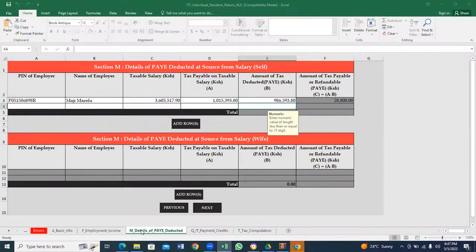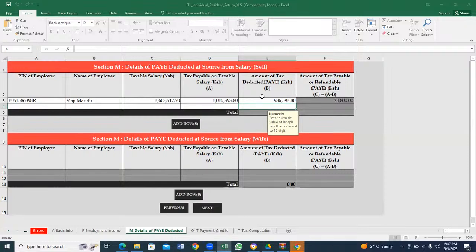Because according to our self-assessment in M, we are now telling the KRA that due to mortgage interest, which is an allowable deduction, my taxable pay is no longer 3.8, but it is 3.6. Meaning the tax charged has also gone down to 1.015.